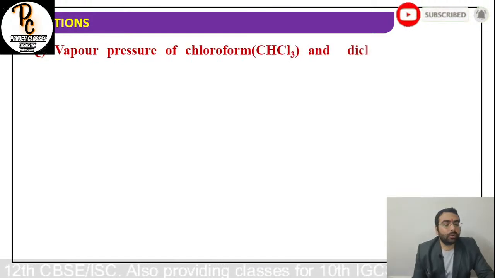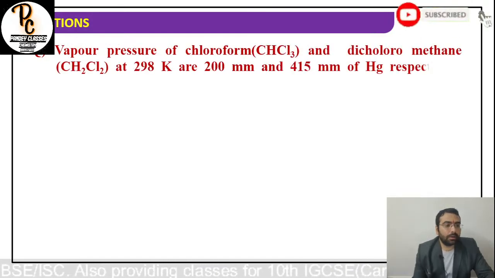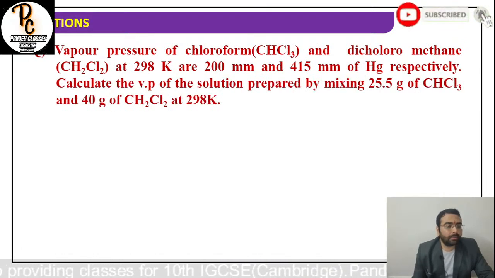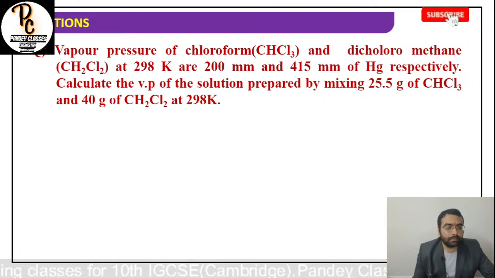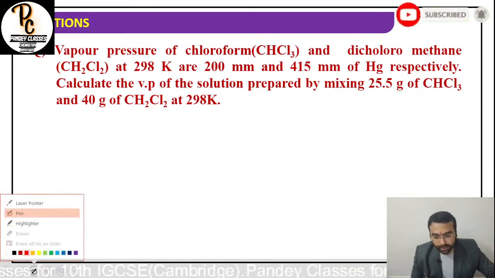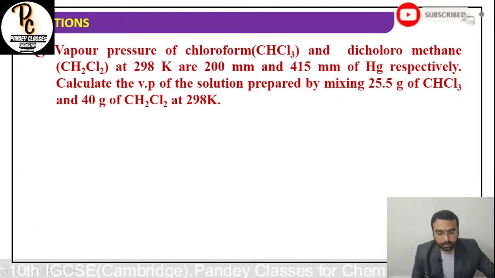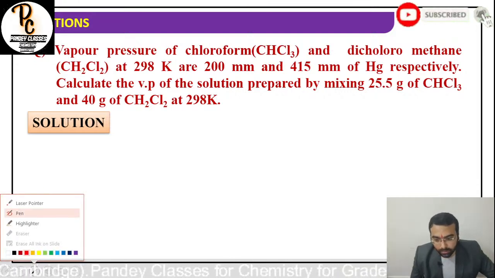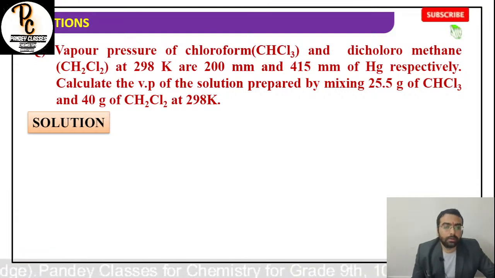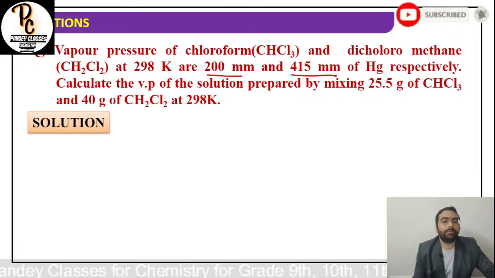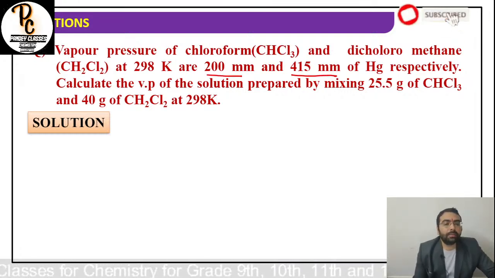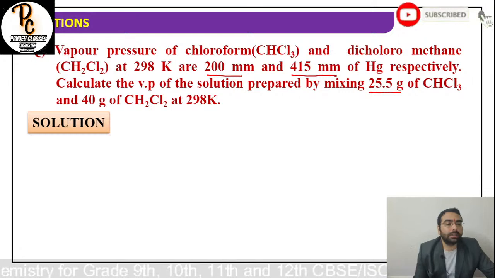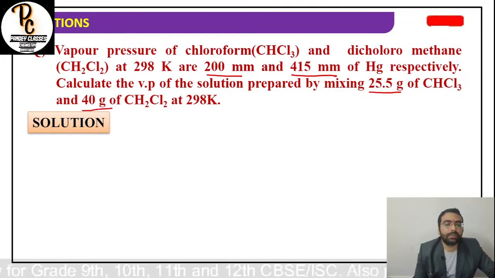Raoult's law part 2. The vapor pressures of chloroform and dichloromethane at 298 Kelvin are 200 mm and 415 mm of Hg respectively. Calculate the vapor phase composition of the solution prepared by mixing 25.5 gram of CHCl3 and 40 gram of CH2Cl2.